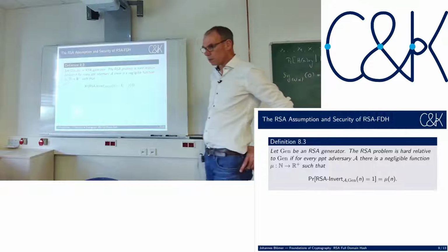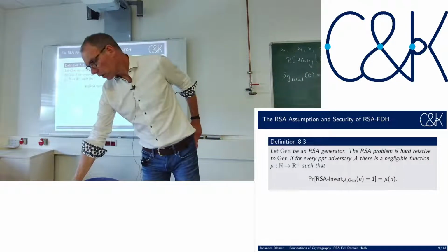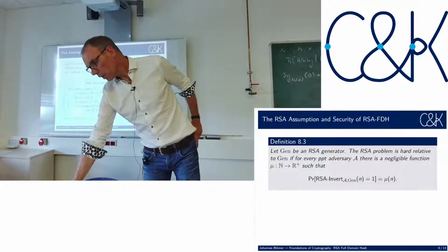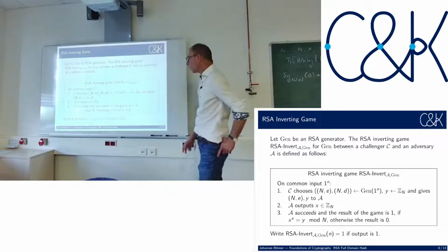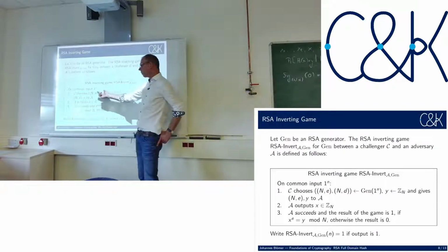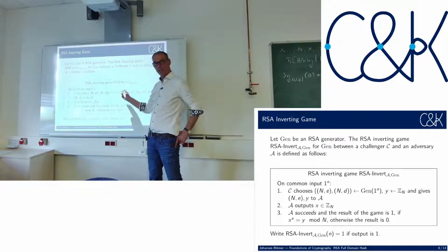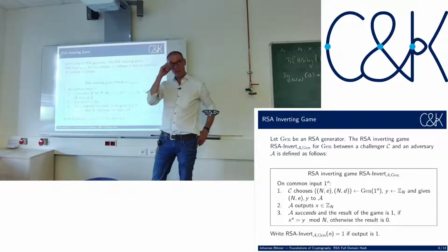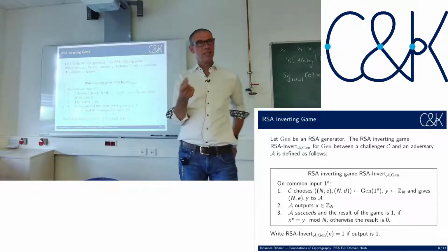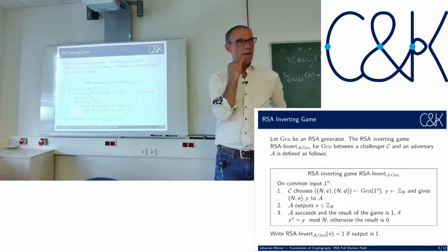So a good key generator should output things, n comma e and y, in particular n comma e, for which it's hard to invert a random y.